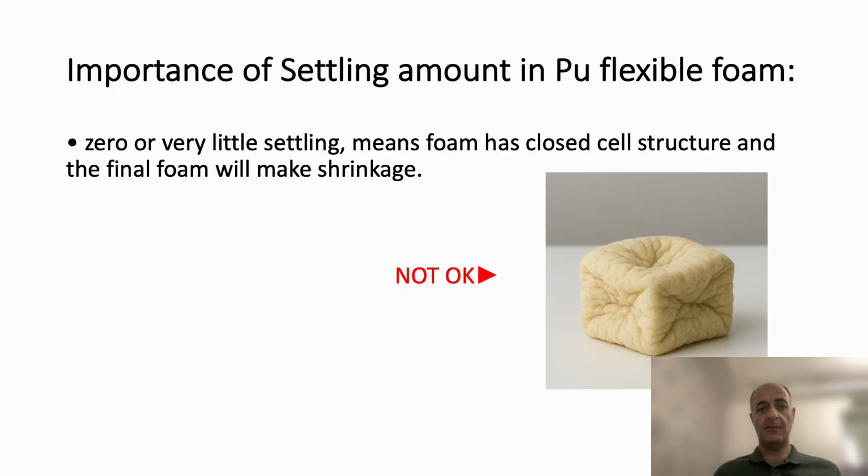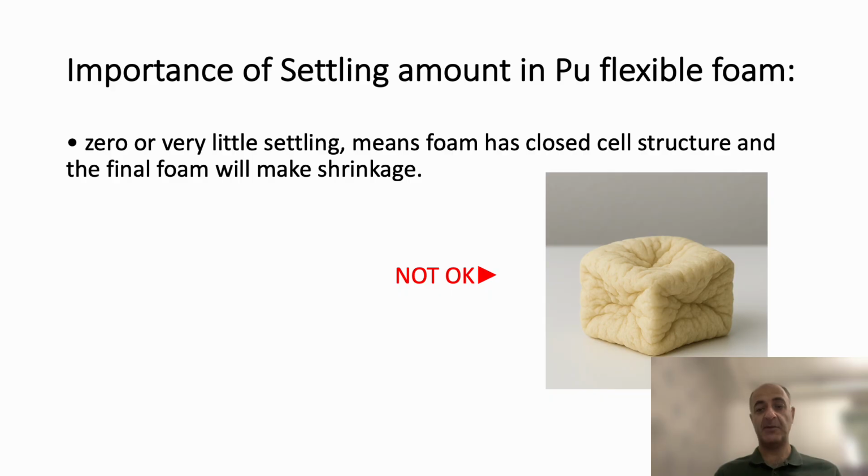So what is the importance of settling amount in PU flexible foam? When we have zero or very little settling, it means that the foam has a closed cell structure and the final foam will shrink.